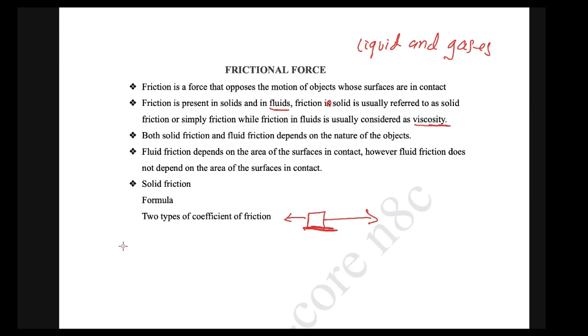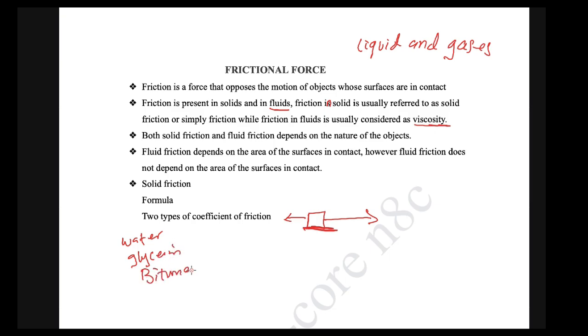Same thing with a fluid. A fluid of a greater density is going to offer more opposition to the movement of objects than a fluid with a lower density. For instance, it is easier to move in water compared to moving in glycerin, or let's say bitumen.